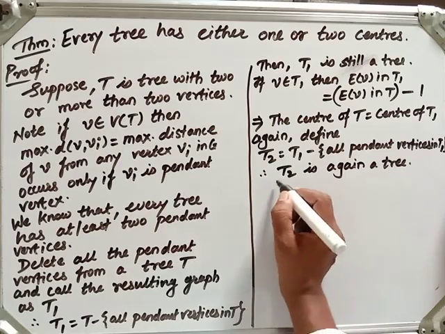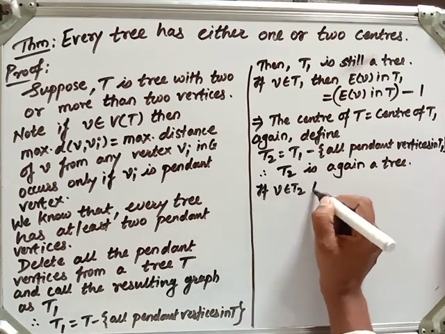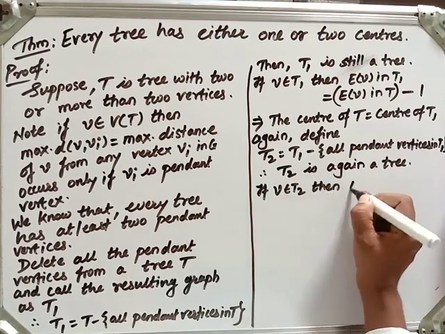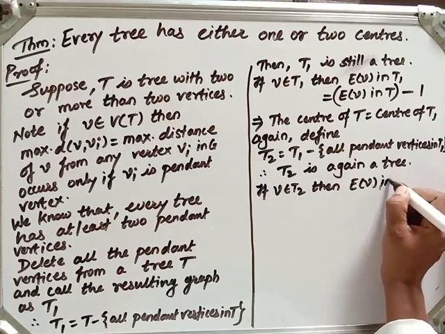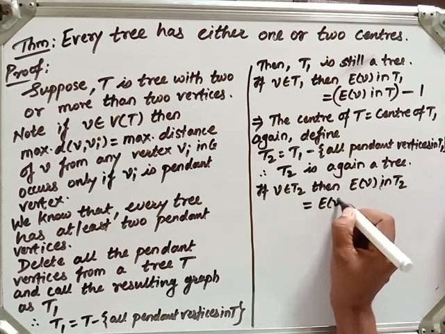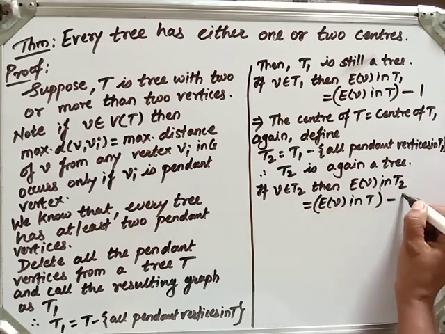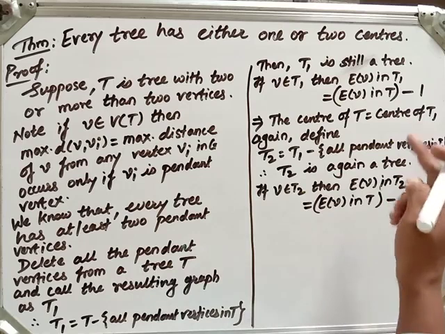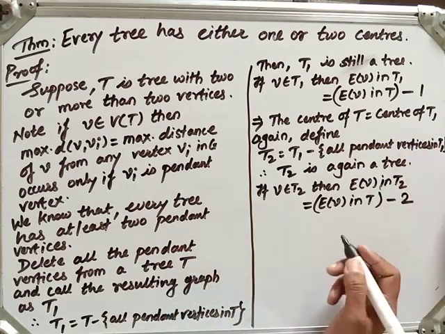So if V is in T2, then the eccentricity of V in T2 is the eccentricity of V in T minus 2, because we have deleted pendant vertices 2 times, so it is decreased by 2 units.